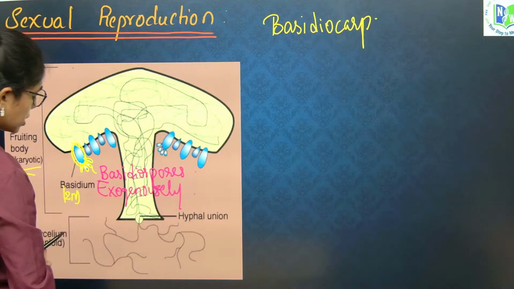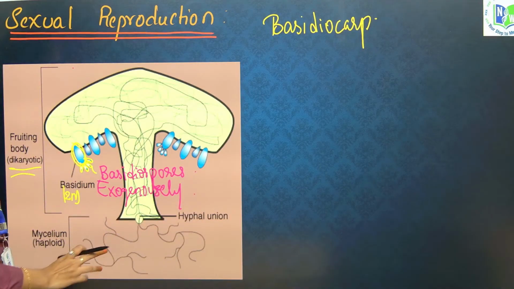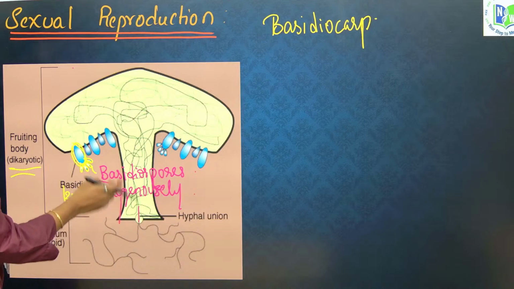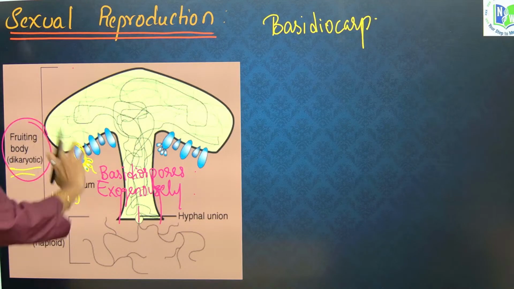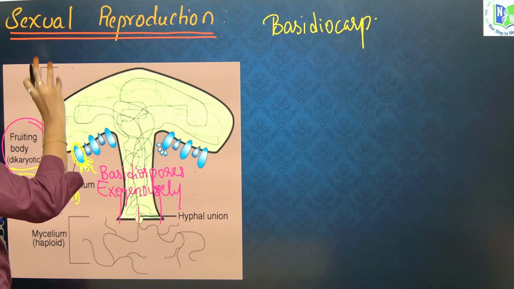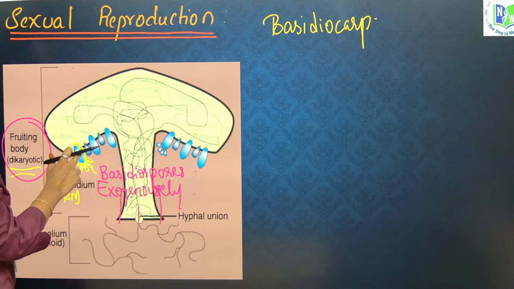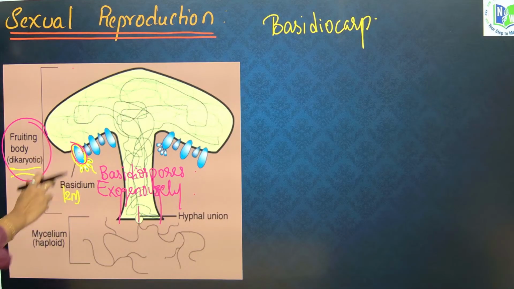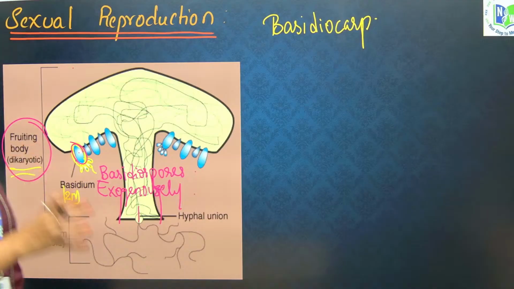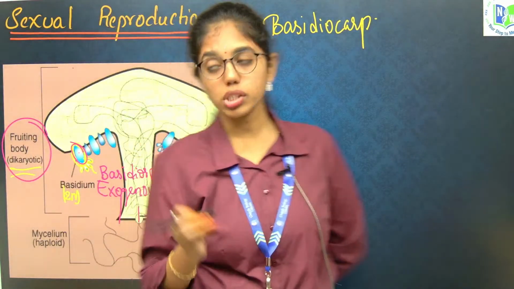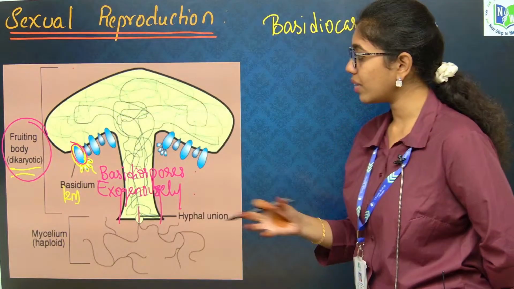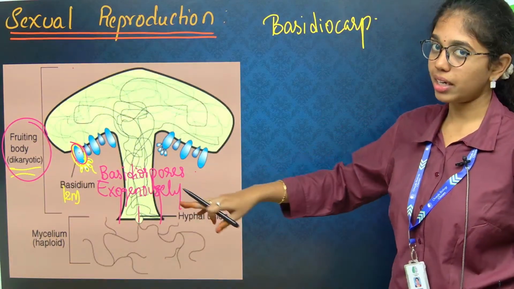Here you can see the fungal hyphae, which are haploid. Hyphal union gives the fruiting body, a dikaryotic structure, and after karyogamy the basidium is formed. The basidium is the site of meiosis, and after meiosis haploid basidiospores are released exogenously.